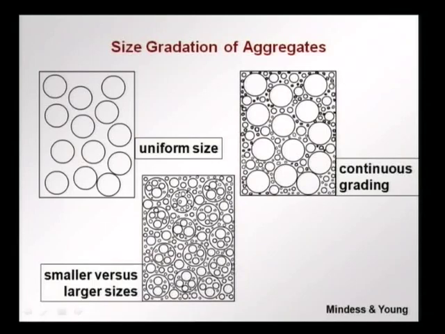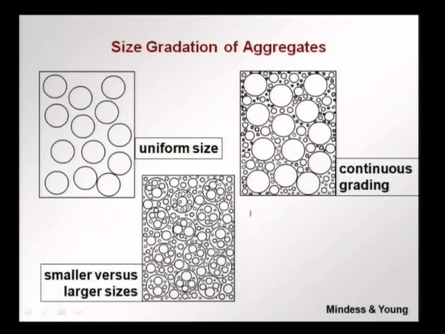If we have a continuous grading, this is something that we already discussed when we looked at asphalt concrete, where we have large aggregates, then smaller and smaller aggregates, we will find that the smaller aggregates fill up the space between the large aggregates, and thus subsequently the even smaller aggregates will fill up the space between these small aggregates and so on gradually. So, there is very little space at the end that has to be filled up by the cement paste, and that is enough to bond all the aggregates together and give us a dense structure.